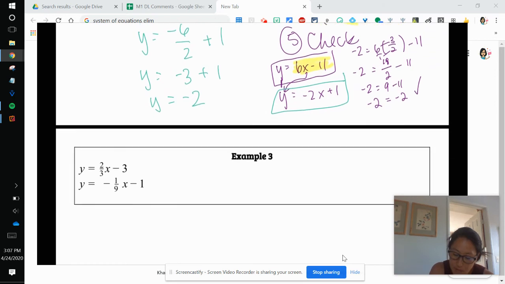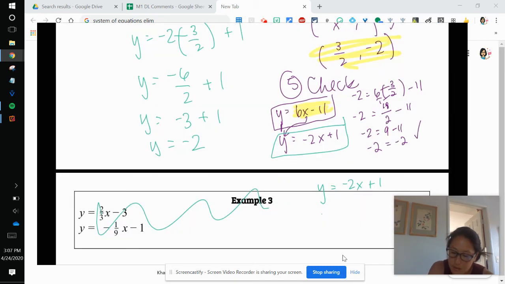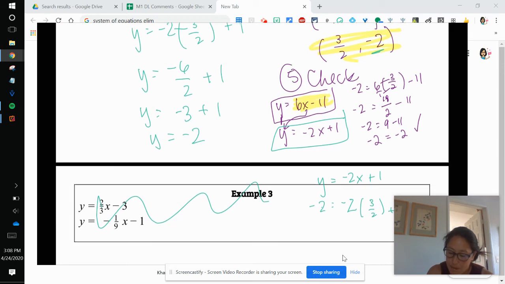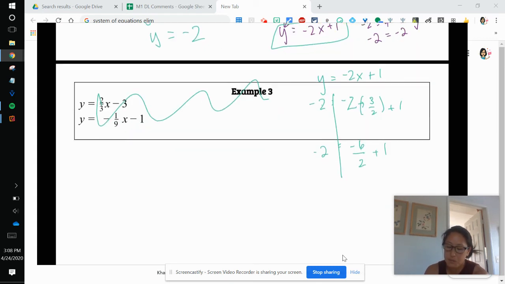Okay, so I have y is equal to negative 2x plus 1. And I'm going to substitute in negative 2 for y, and negative 2 times 3/2 plus 1. I'm going to bring down the negative 2 from the left, and then multiply 2 times negative 3 is negative 6 over 2 plus 1.